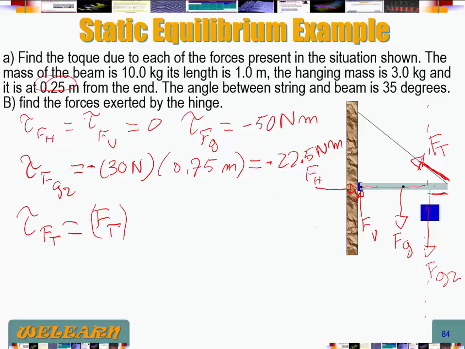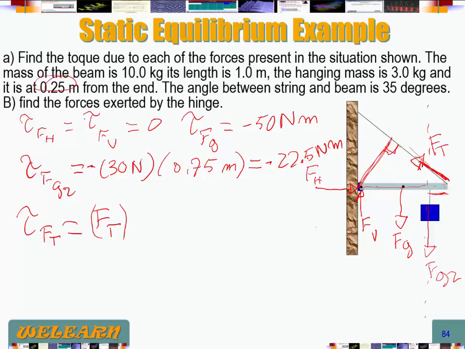Now, the torque due to Ft is going to be Ft, which we don't know, times the lever arm. Now, the line of action of Ft is along the string. So my lever arm is the shortest distance from the pivot to that line of action, to the string.